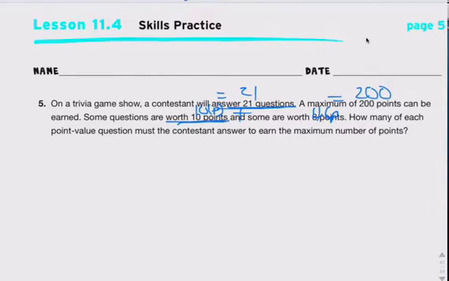How many of each point value question must the contestant answer to earn the maximum number of points? Okay, so let's put all the points together first. We've got 200 points, so we need it to equal 200 points.